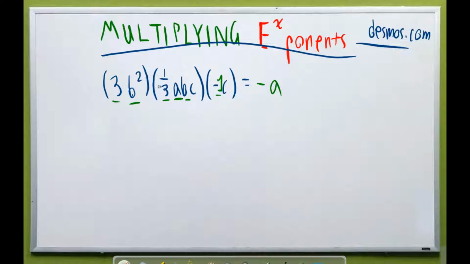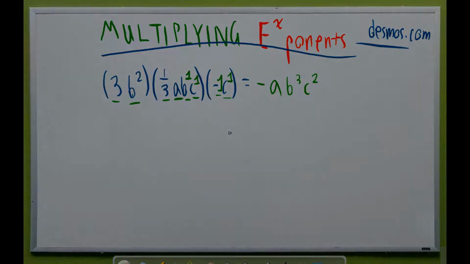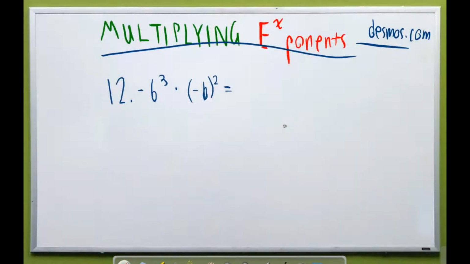So b squared times b is b to the 3rd power, because remember, there's an imaginary 1 here. 2 plus 1 is 3, so b to the 3rd power. Finally, we have a c in this second term and a c in the third term. So c to the 1st power times c to the 1st power is c squared. So it looked intimidating, but we were able to get through that. Try and give this one a shot.